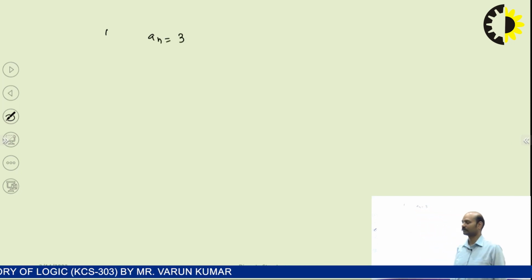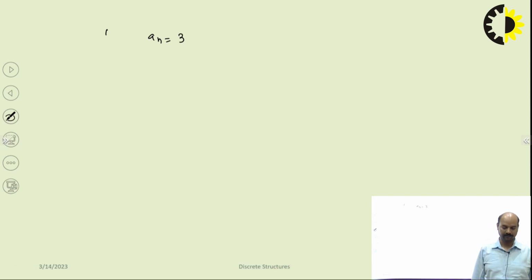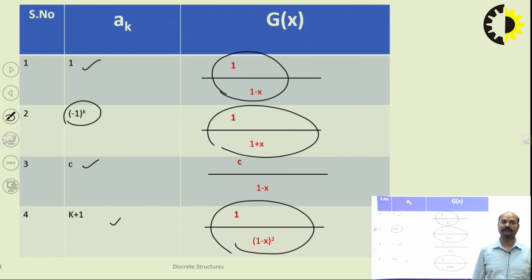Now, we have to use some generating formulas to solve the following questions. We take them one by one. What will happen if a_n is equal to 3? It means a_n is equal to a coefficient, that is c. So what is the formula if a_k is equal to c?